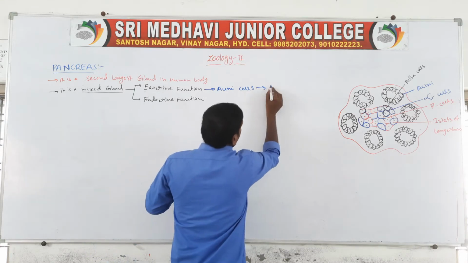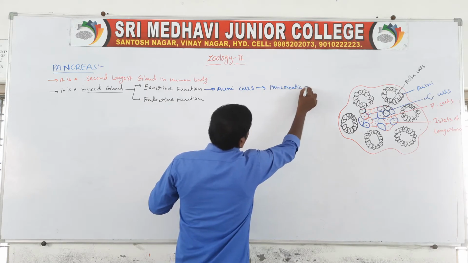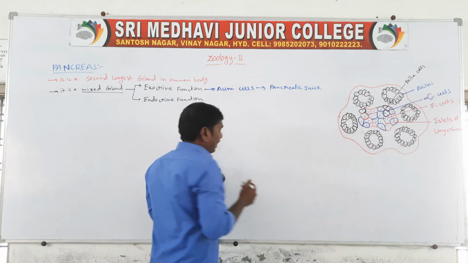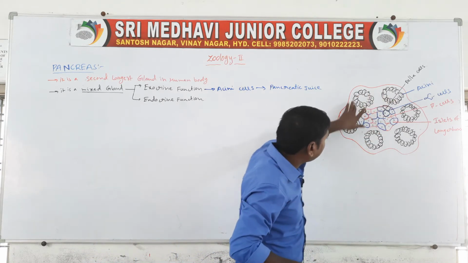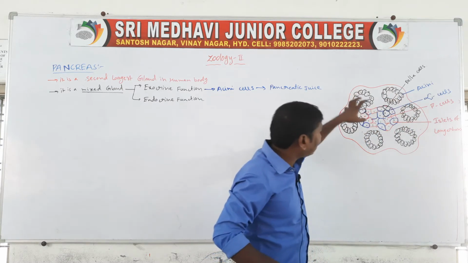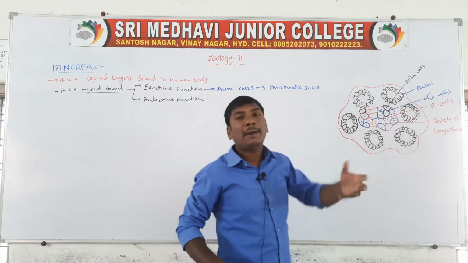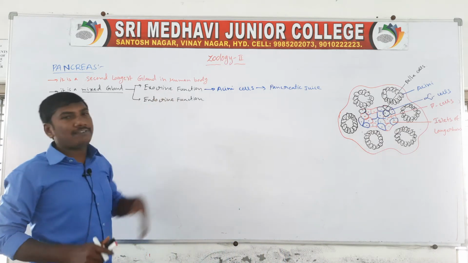So these Acini cells secrete the pancreatic juice, and that is the exocrine function.